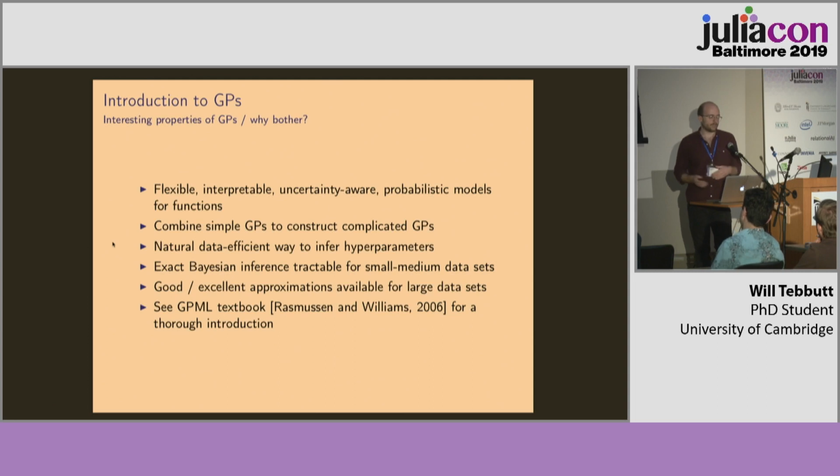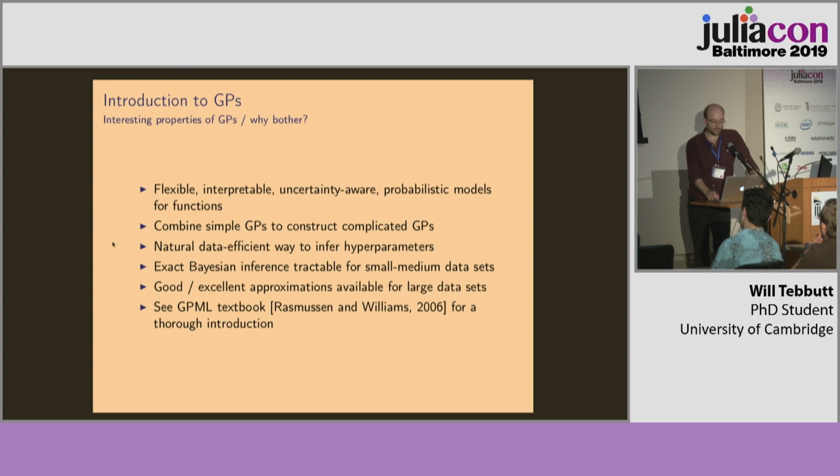There's a whole class of either very good or excellent approximations in the large data setting. It starts to get quite complicated, and there's a whole literature on this, which I won't go into in this talk, but there's more on that in the GPML textbook. So that's why I think you should be interested in GPs.